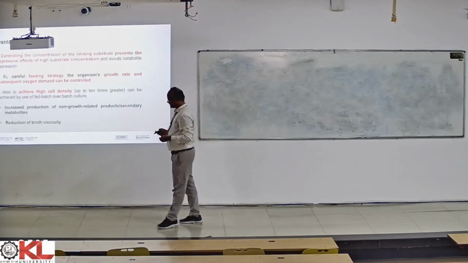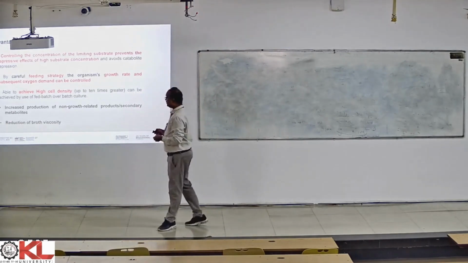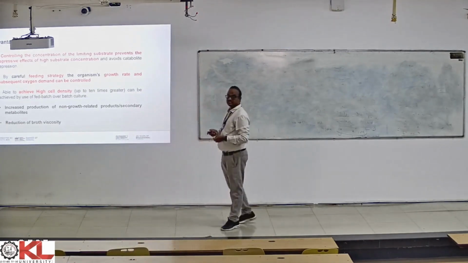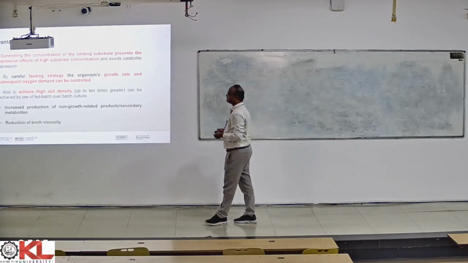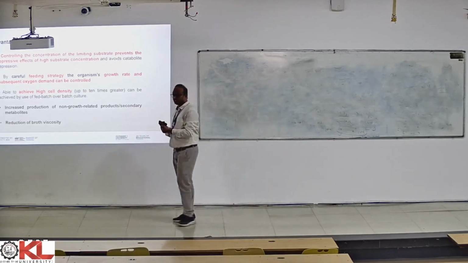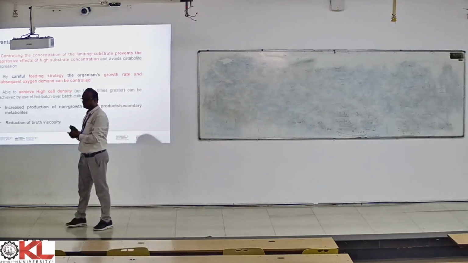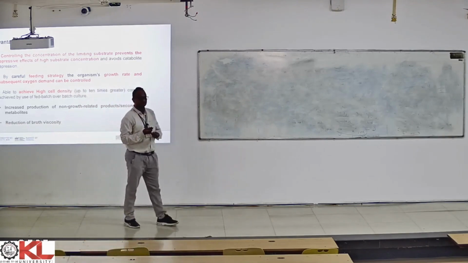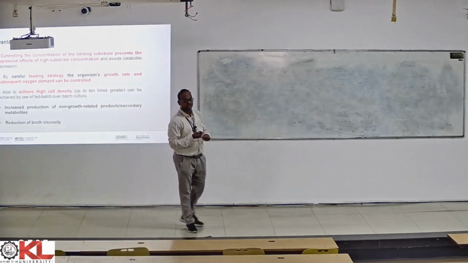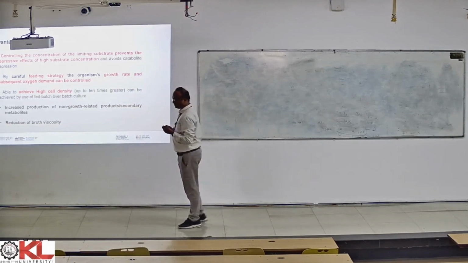Let's have a look at the advantages of the fed batch mode operation of the bioreactor. The first major advantage is controlling the concentration of the limiting substrate and preventing the repressive effects of substrates. As we discussed in the earlier class, high substrate concentration always has a repressive effect on the growth of the organism as well as on product formation.